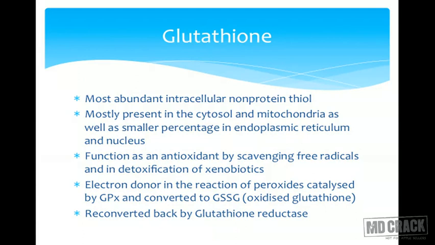So the most abundant non-protein thiol within the cell is glutathione. It is mainly present in the cytosol and mitochondria, and also in the endoplasmic reticulum and nucleus, but the concentration is less in various other parts, mainly in the mitochondria and the cytoplasm.